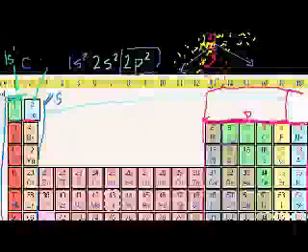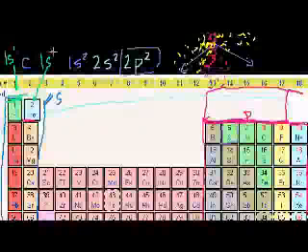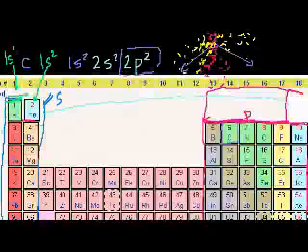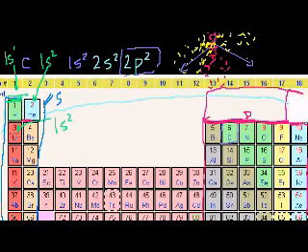The configuration of helium is 1s2. And then you start filling the second energy shell. The configuration of lithium is 1s2. That's where the first two electrons go, and then the third one goes into 2s1.